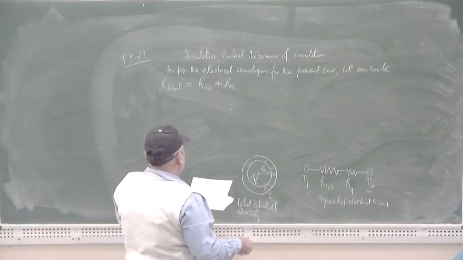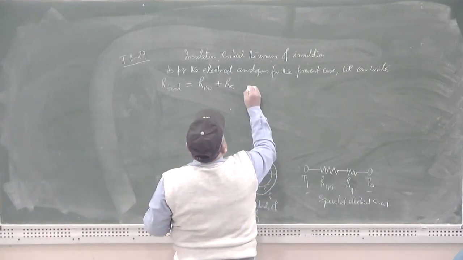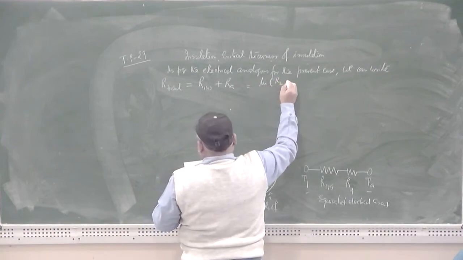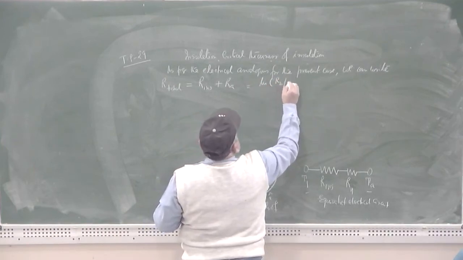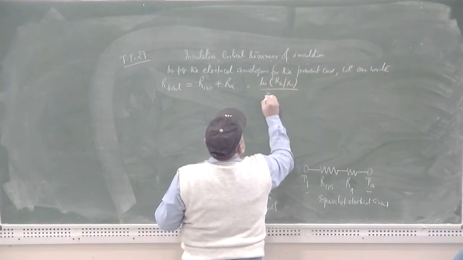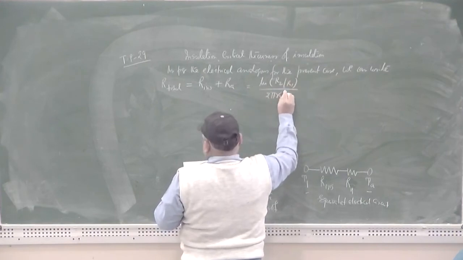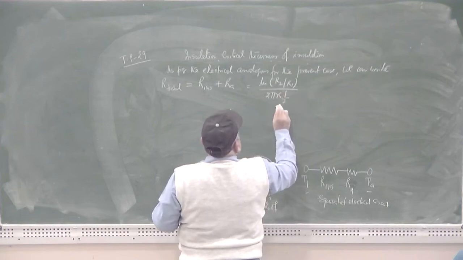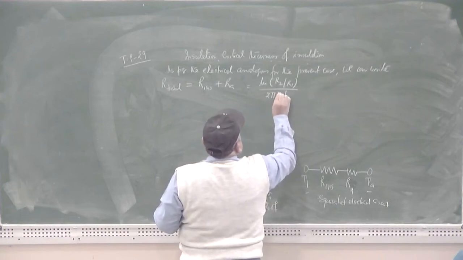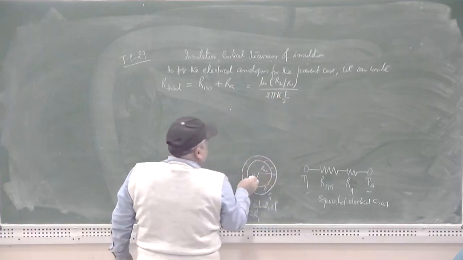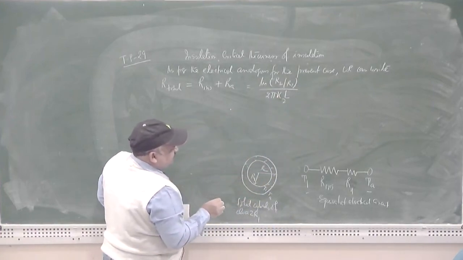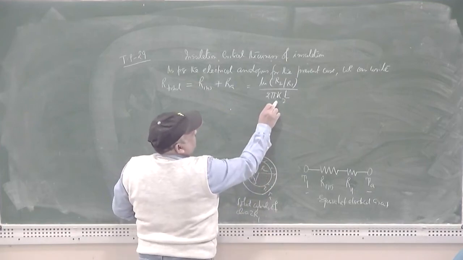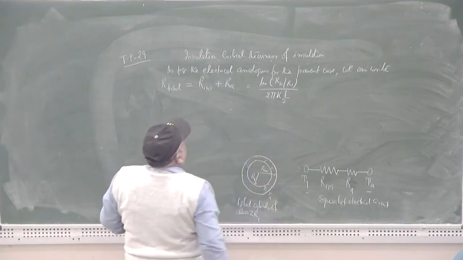R insulation is equal to ln(R2/R1) divided by 2 pi K2 L, because K2 is the thermal conductivity of the insulation, pertaining to the R2 diameter, which is why I have written K2 here.